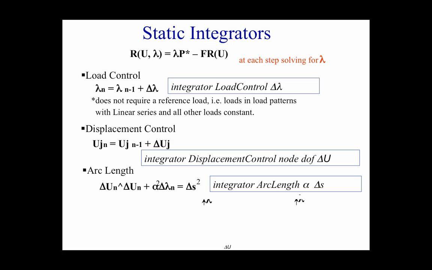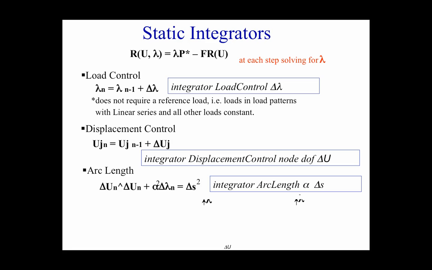And what arc length does is, if this was our system, displacement control would basically go along here, and then it would pop over here somewhere. It would actually miss these little points in here. If it could find the solution, you're not guaranteed, when you start going that far off the solution path, that it's going to find the solution.